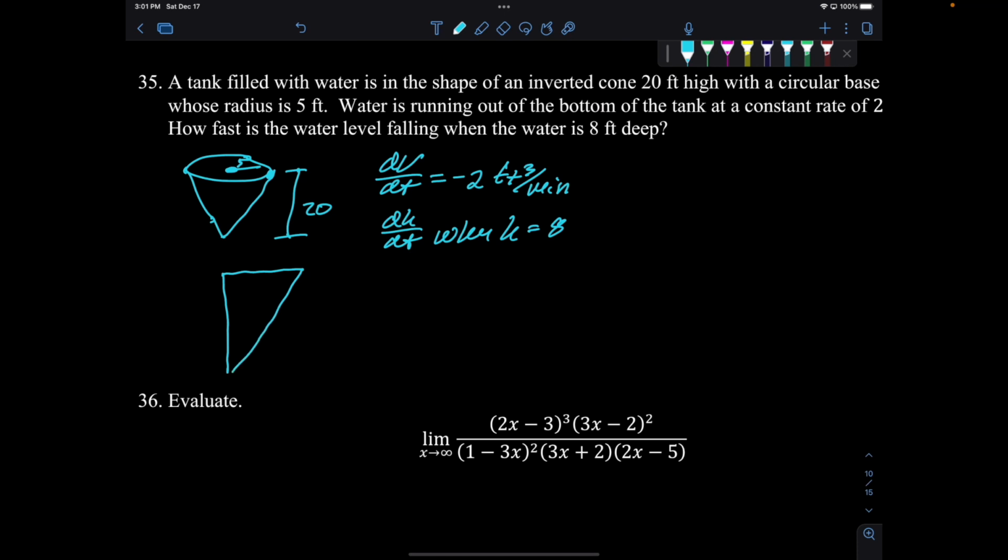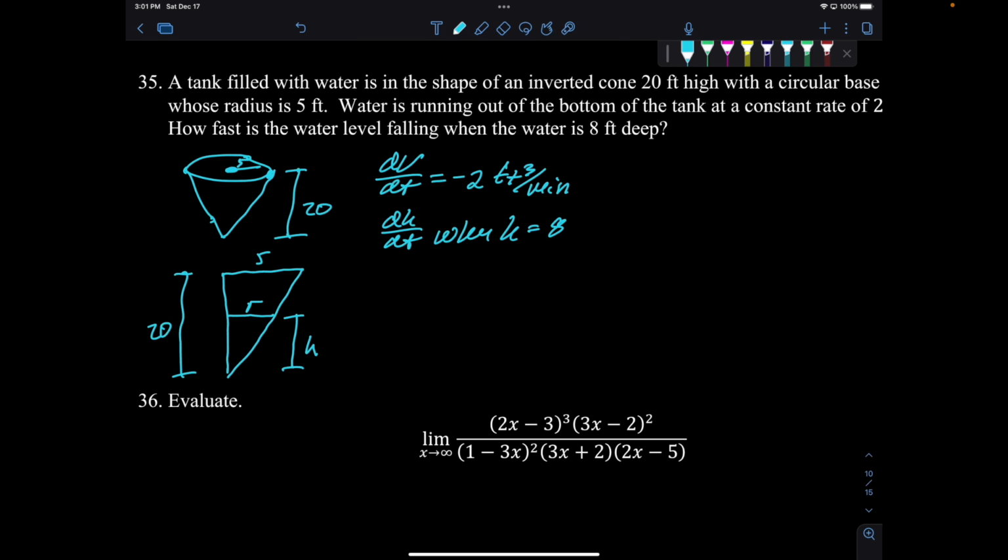So I'm going to draw this, and this is the overall height, which is 20. This is the overall radius, which is 5. Now for this, I'm going to add in a little cone that is basically the water level. So this I will call R, and this height I'm going to call H.